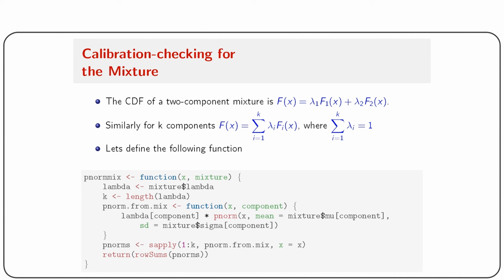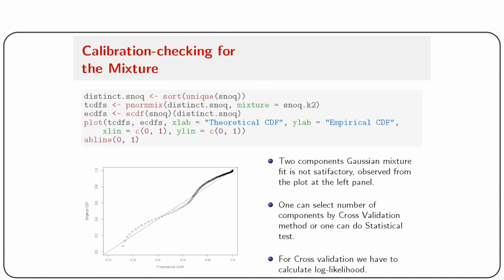Let's define the following function, the pnormmix function. I define this function, and it can be used here. Say distinct.SNOQ equals sort unique of the SNOQ data that we have. Then pass the arguments to the pnormmix function that I defined in the earlier slide.